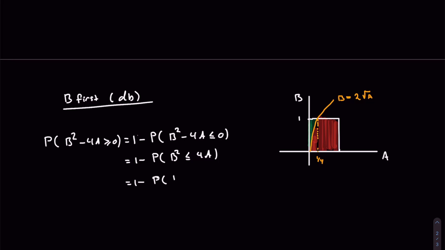So b is less than the square root of 4a, which is 2 square root of a. Okay, and this is now the same curve but moving in the direction that I first started to talk about, so it's natural in that way.